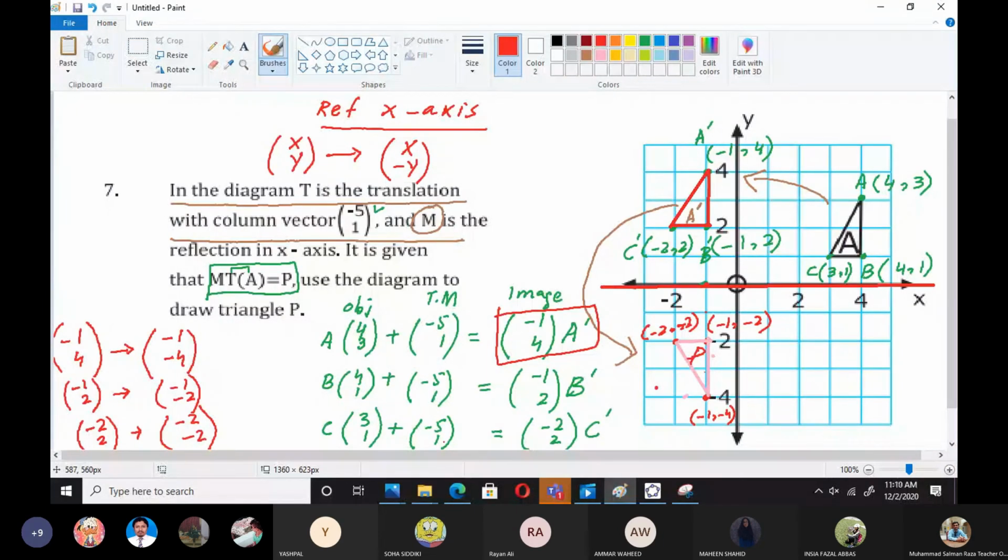What did we do? We first translated A to A bar, and then the reflection of this happened, and then P was the name of the image of it.